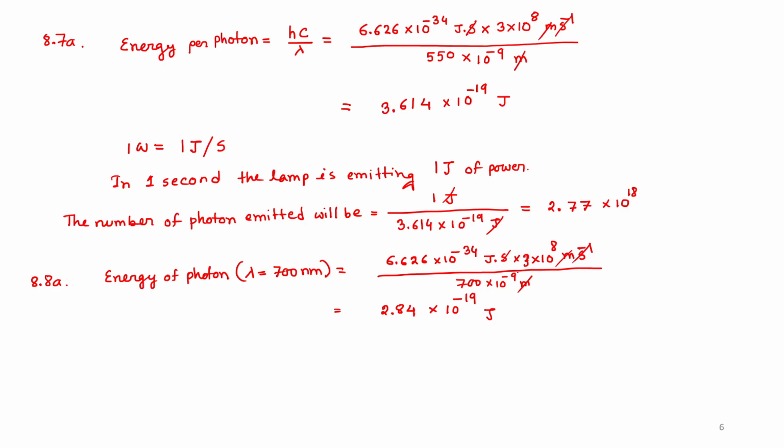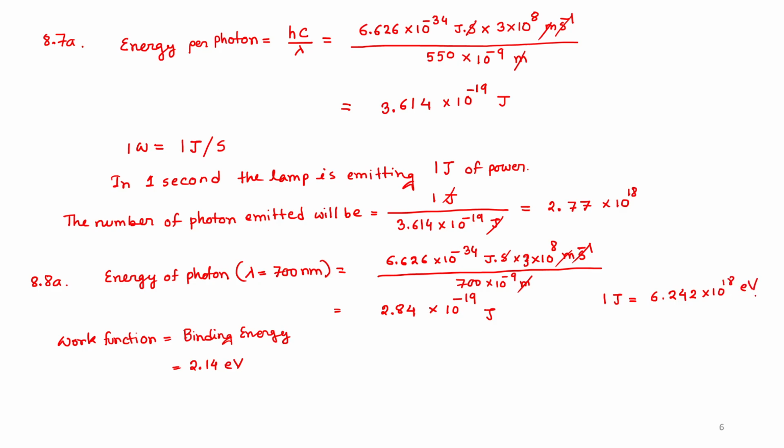But as you remember, phi, the work function, is nothing but you can say the binding energy of an electron. That was given as 2.14 electron volt. So here we also want to know how much 1 joule is equal to in electron volt. 1 joule is equal to 6.242 into 10 to the power 18 electron volt.